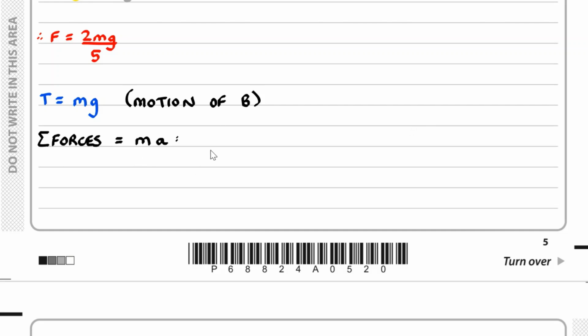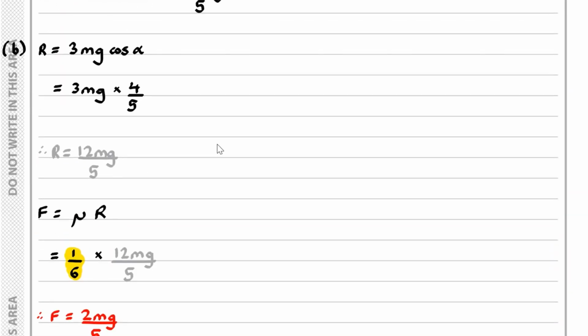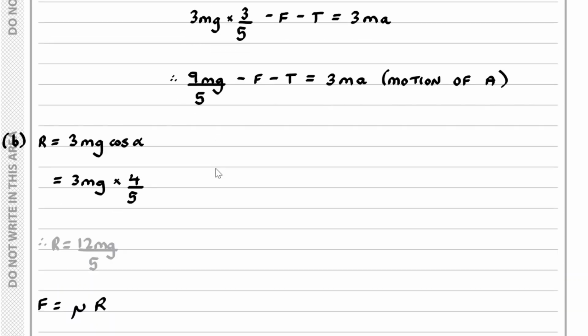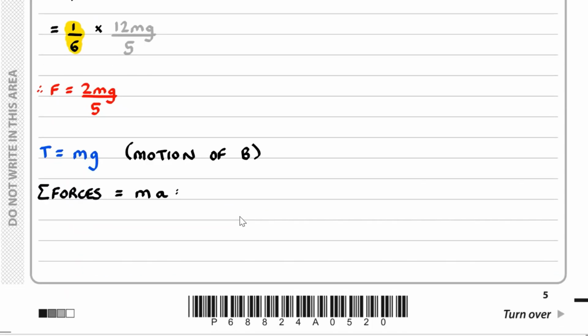So with the sum of the forces equaling the mass times the acceleration, we have 9mg over 5, we then subtract off F, which is 2mg over 5.